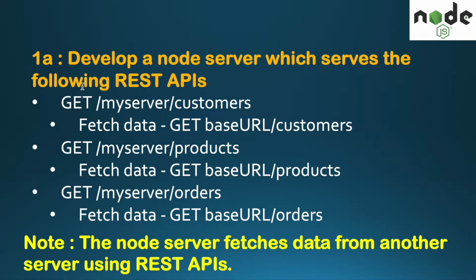So we'll create a server with the URLs /myserver/customers, /myserver/products, /myserver/orders, and for the response that we send, we will first fetch it by a get call, and the response we get, we will send it. Note, the node server fetches data from another server using REST APIs. As we do it, it will become much clearer, and the base URL that we will use has been shared in the description.